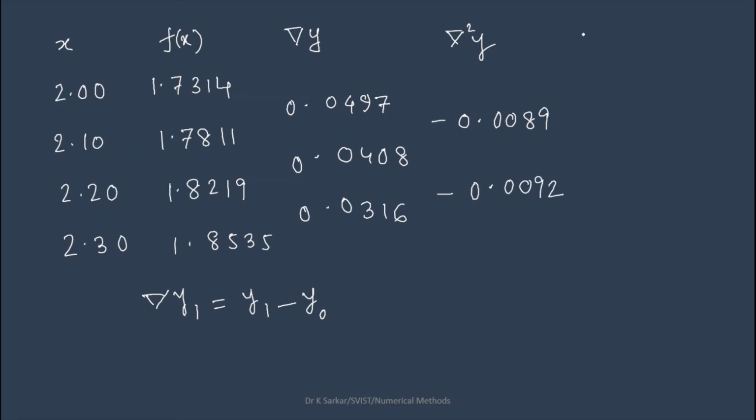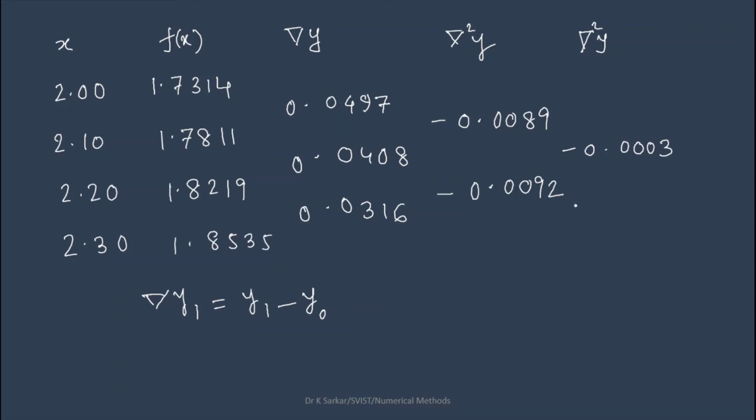Third order backward difference del 3y is subtracting minus 0.0089 from minus 0.0092, that is minus 0.0003. So the backward difference table is complete.